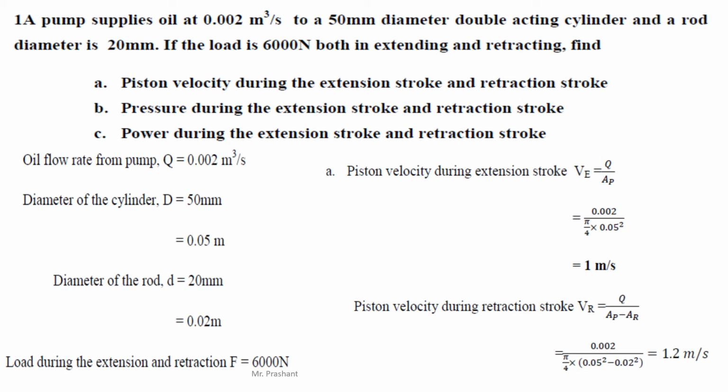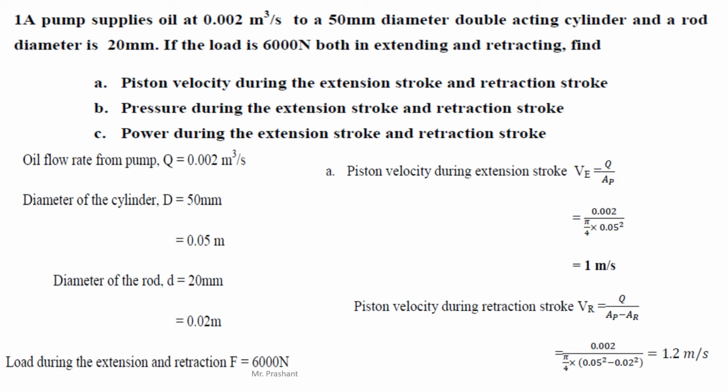Next is piston velocity during retraction stroke, VR equal to discharge dividing by annulus area. Here discharge is 0.002 dividing by annulus area, pi by 4 into in whole bracket 0.05 square minus 0.02 square, that is diameter of the cylinder or piston square minus diameter of the rod square.